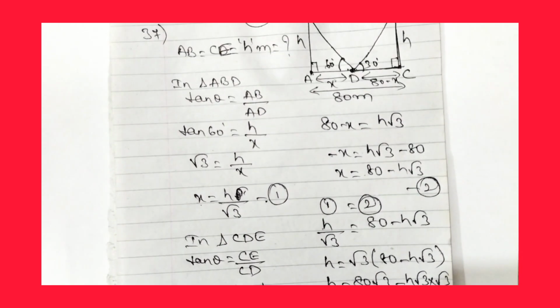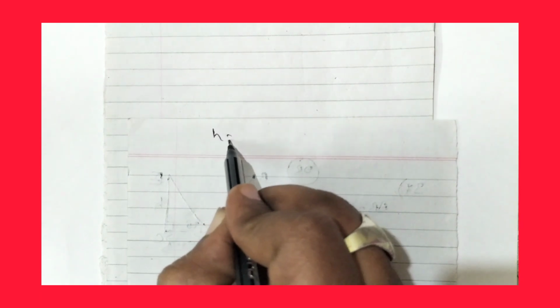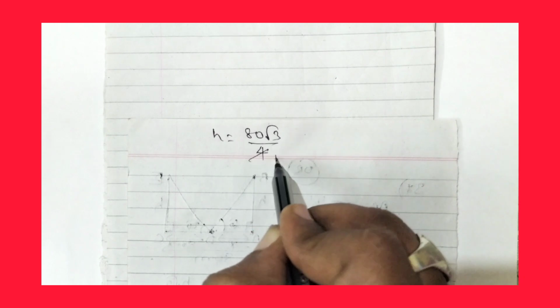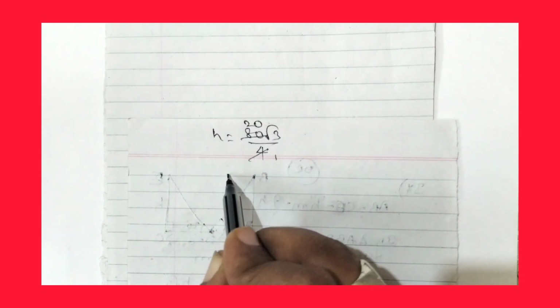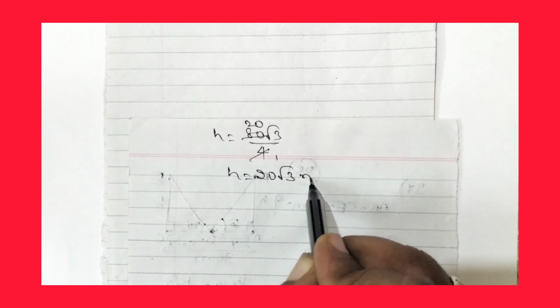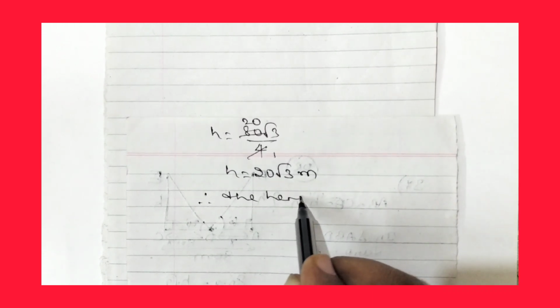So now let us calculate the value of h. So h is equal to 80 root 3 divided by 4. 4 ones are 4, 4 fives are 20. So h is equal to 20 root 3 meter.